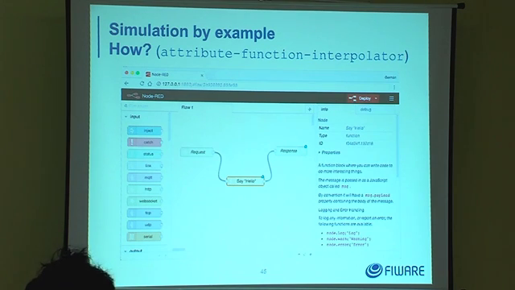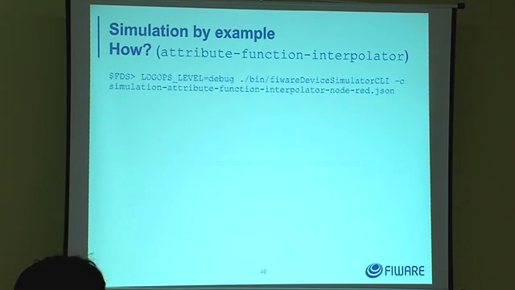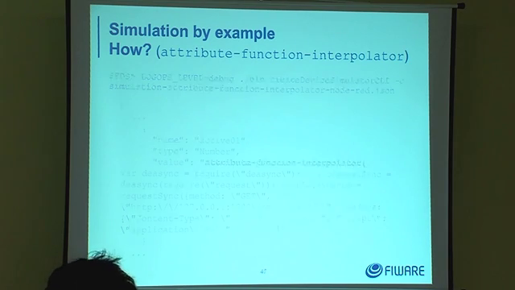Well, I don't know if you are familiar with Node.js. It's an IBM platform to build these kind of flows, these IoT flows. Well, this is an example which attends a request and basically responds with say hello. Well, we can use the attribute function interpolator to access Node.js using code such as this one.